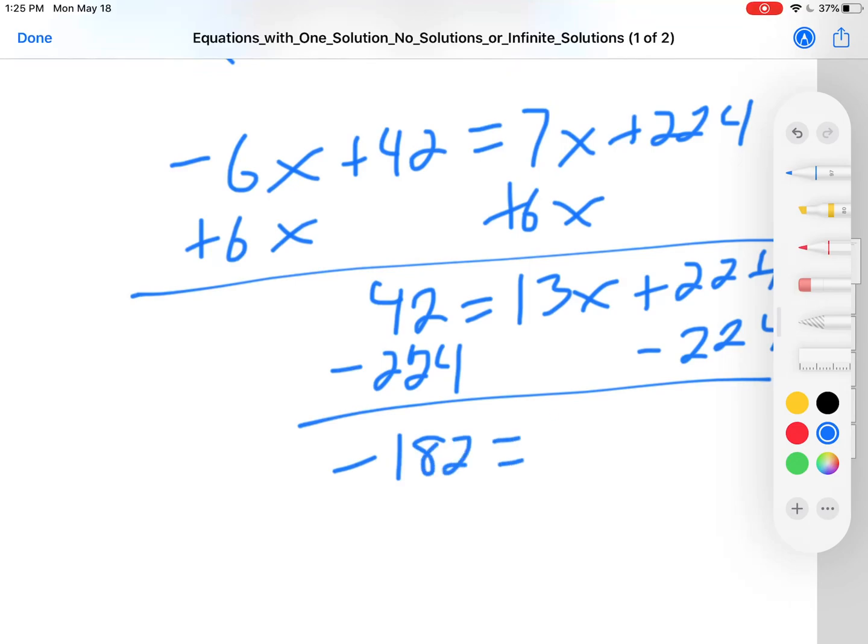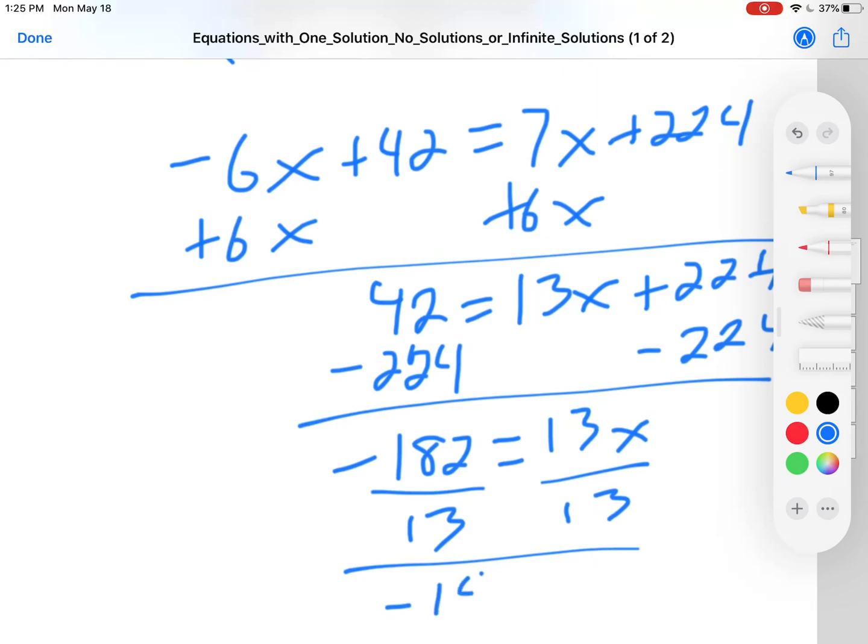Negative 182 equals 13x. Divide both sides by 13. Negative 182 divided by 13 is negative 14. So negative 14 equals x.